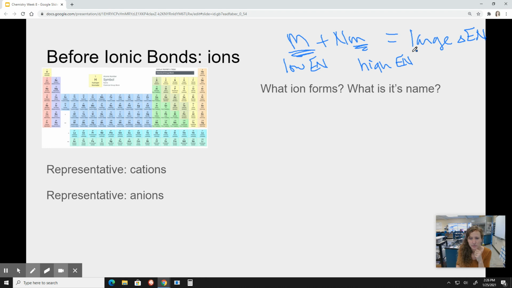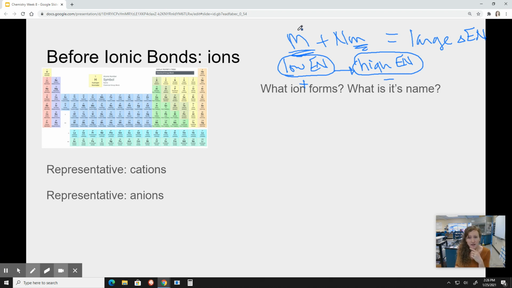And so basically, because metals have such a low attraction for the electron, they allow the electron to leave and go to this nonmetal that has a very high attraction for the electron. So the electron is going to leave the metal and be attracted to the nonmetal. That leaves the metal as a cation because it has lost electrons. That leaves a nonmetal as an anion because it has gained electrons.